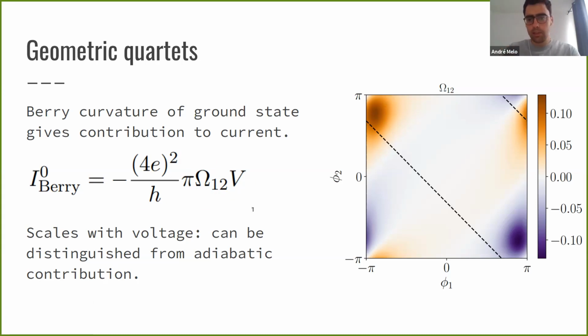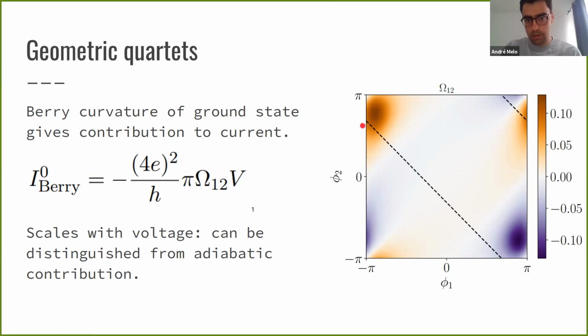So now we play the same game as before. We have some instantaneous current. We know that the phases are going to follow a line in this phi 1, phi 2 plane. So we're just going to have to average this Berry curvature over that line and see if it's finite. If it's finite, we have a contribution to the supercurrent that comes from the Berry curvature. And again, we show that in the general case, this is a finite contribution.